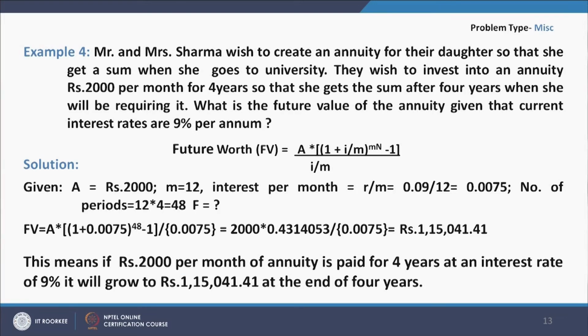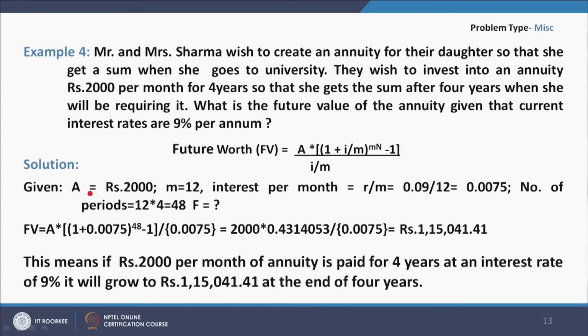What is the future value of the annuity given that the current interest rate is 9% per annum? Now, here basically investment is per month and interest rates are per annum. So, this is a problem of discrete compounding, and hence the formula which will be used for this case is this. This is a formula for converting annuities to future value when there is discrete compounding.